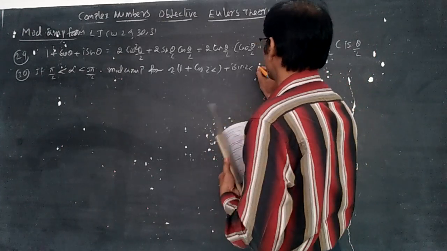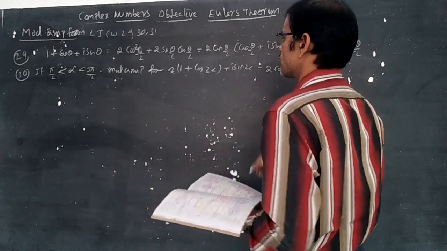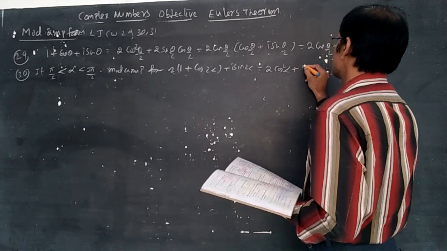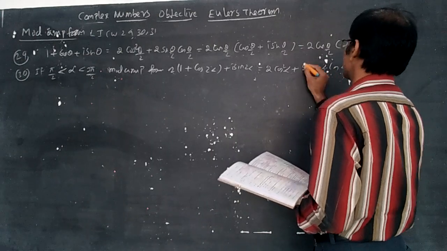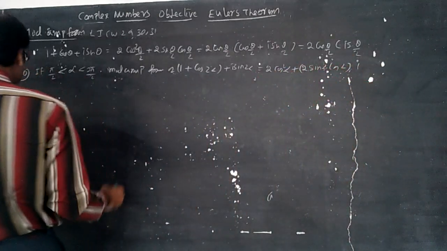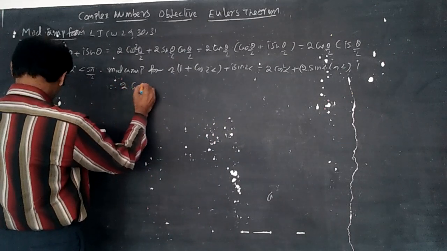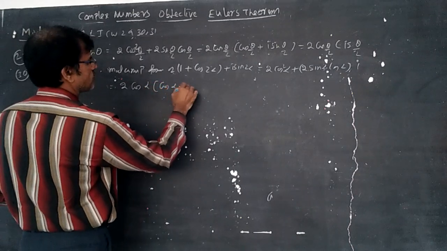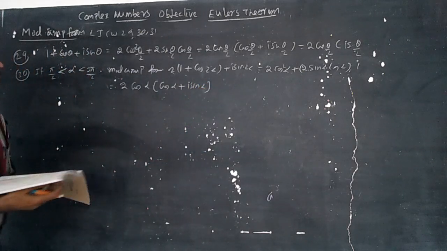1 plus cos 2 alpha, in the same concept we can write as 2 cos square alpha, plus i into sin 2 alpha, which means 2 sin alpha cos alpha into i. That is equal to 2 cos alpha taken common, then it becomes cos alpha plus i sin alpha.